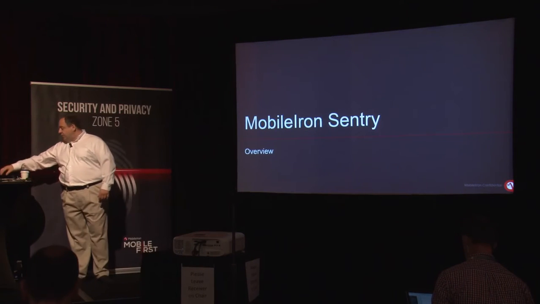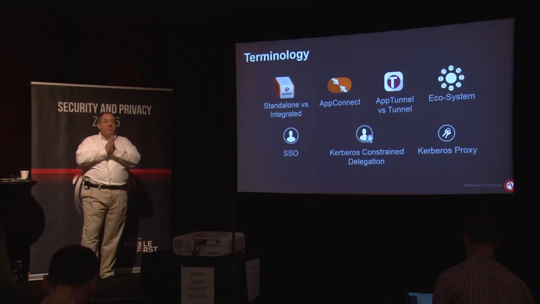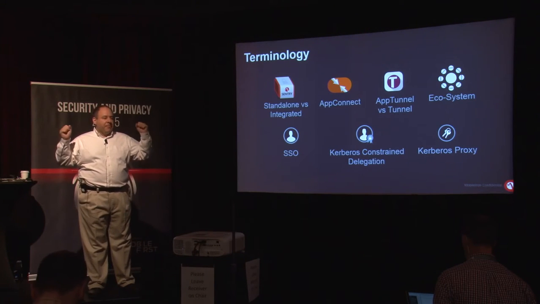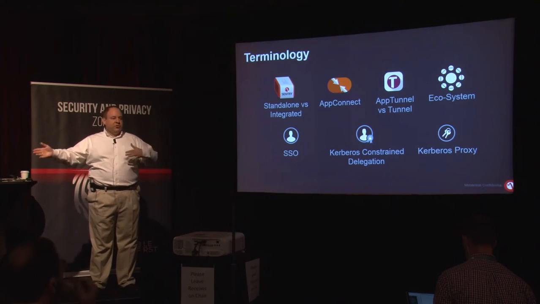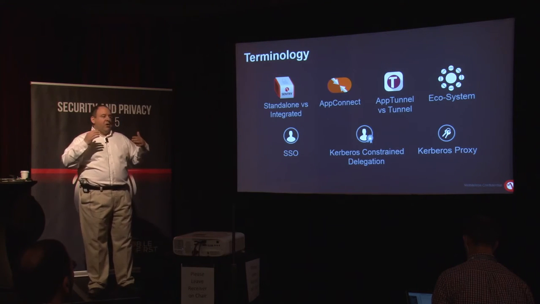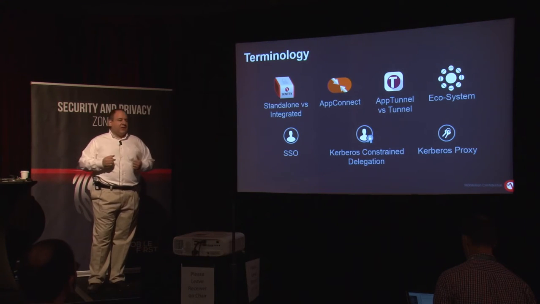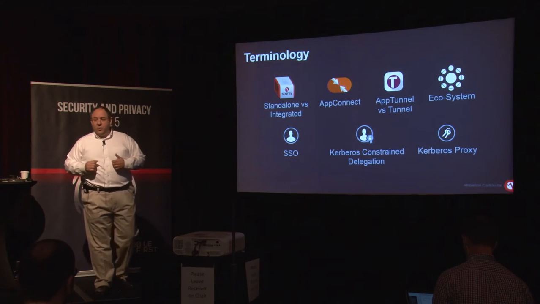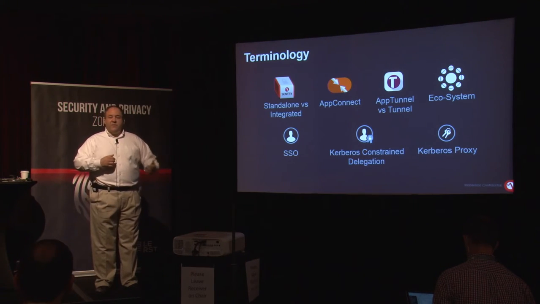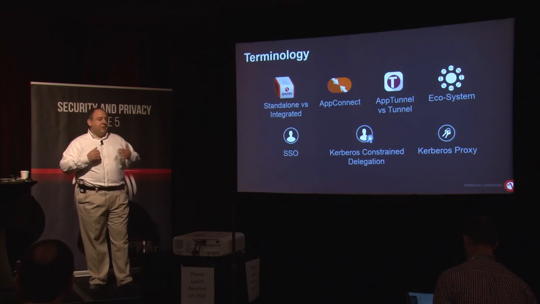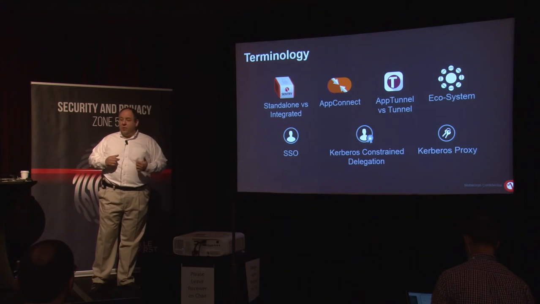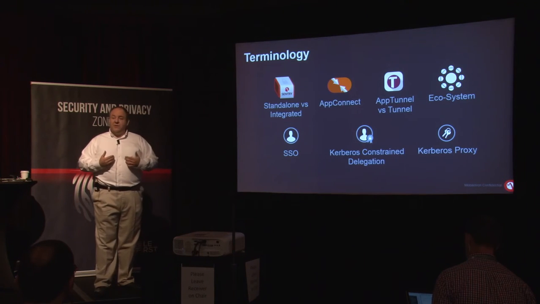MobileIron Sentry overview. Think of Sentry very simply as a mobile traffic cop or a firewall. The user wants to gain access to certain kinds of resources in your infrastructure. Email is one. Maybe you have an intranet. More than likely you do. Maybe you have SharePoint and you want them to be able to get documents.